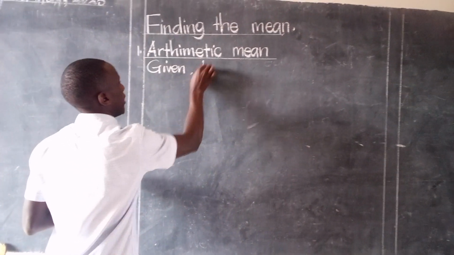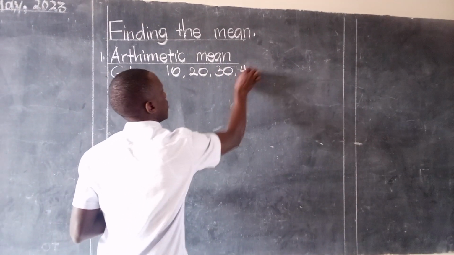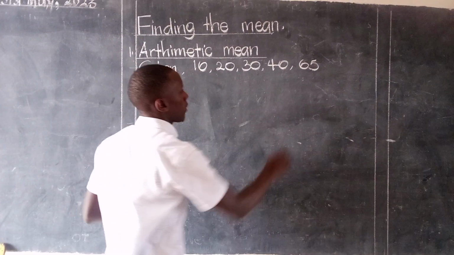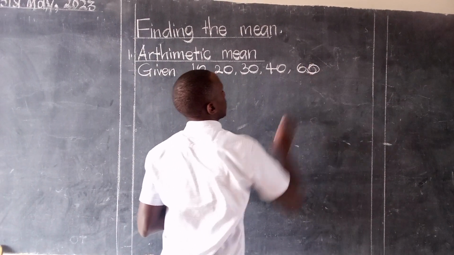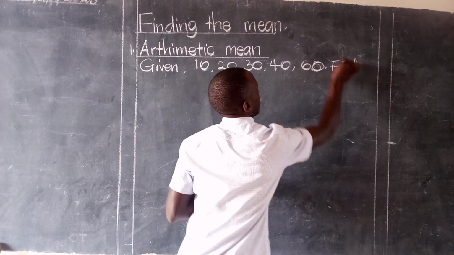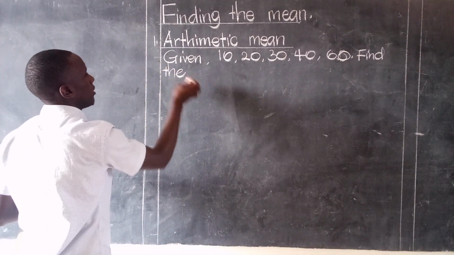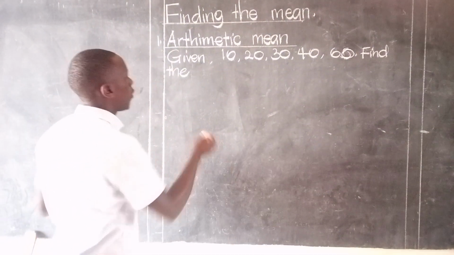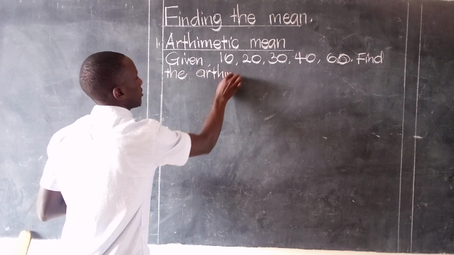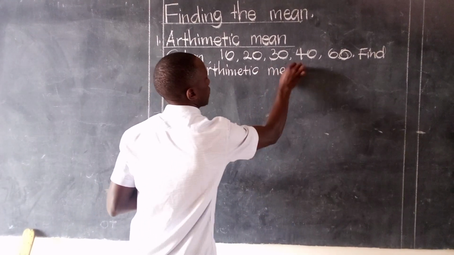Given 10, 20, 30, 40, and then 60. They are asking you to find the mean. Sometimes they may just say find the mean, or they ask find the arithmetic mean.